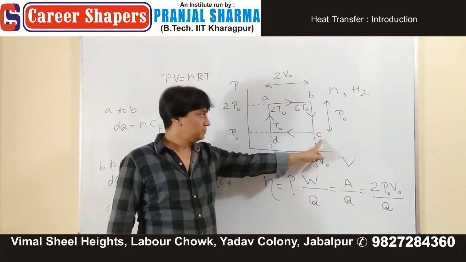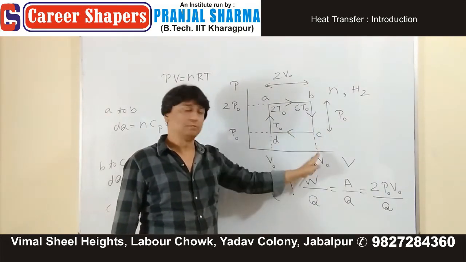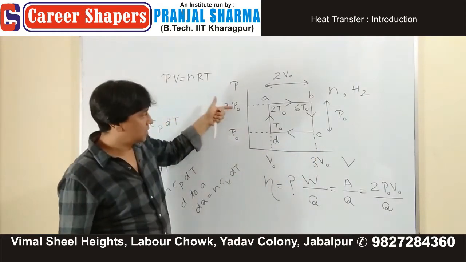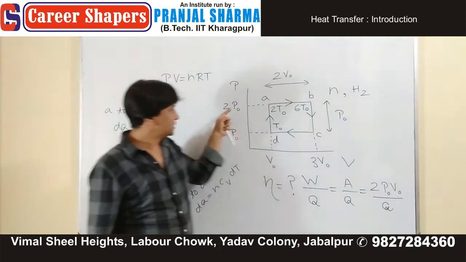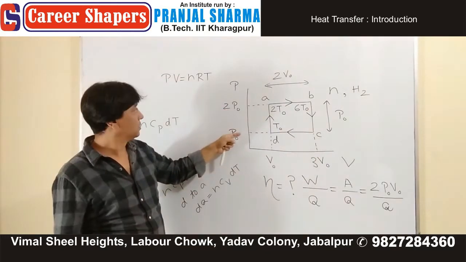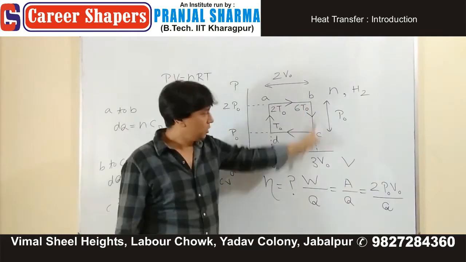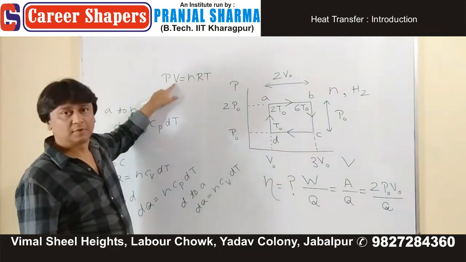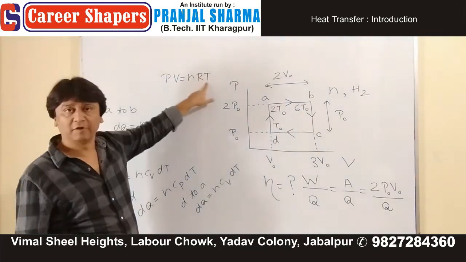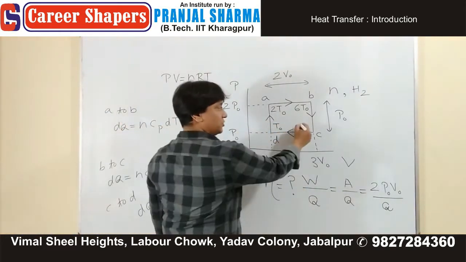B to C, volume is constant. Pressure from B to C is becoming half, from 2P naught becoming P naught. PV equals nRT. Volume is constant. Pressure is becoming half. T will also become half. 6T naught, its half is 3T naught.